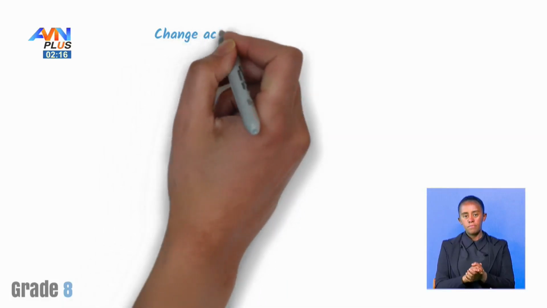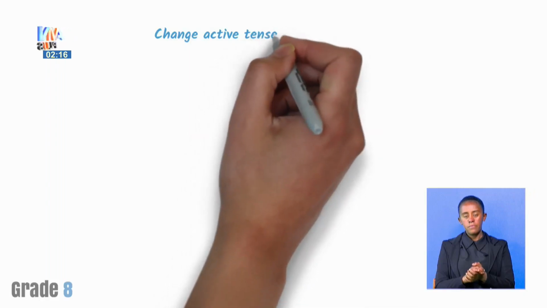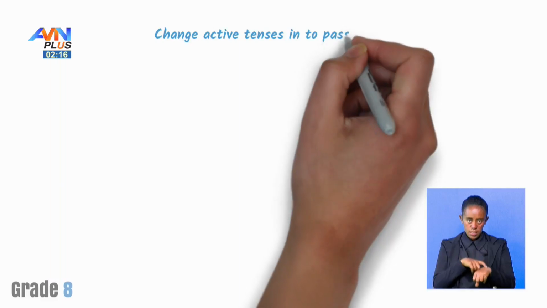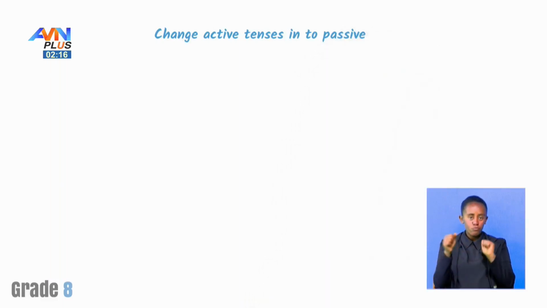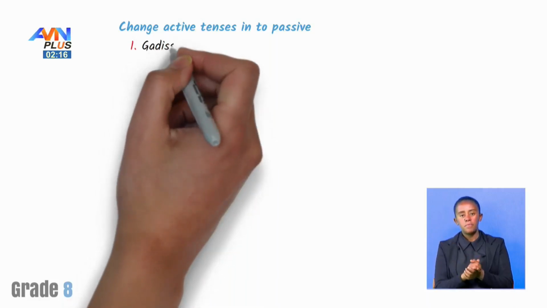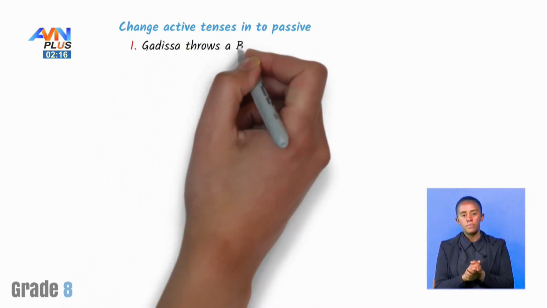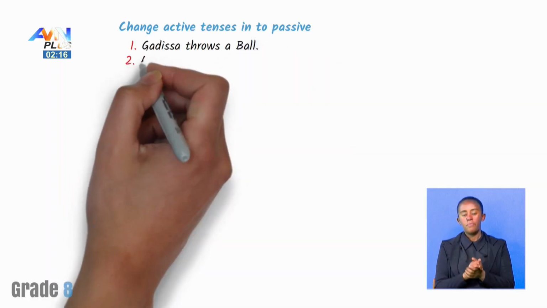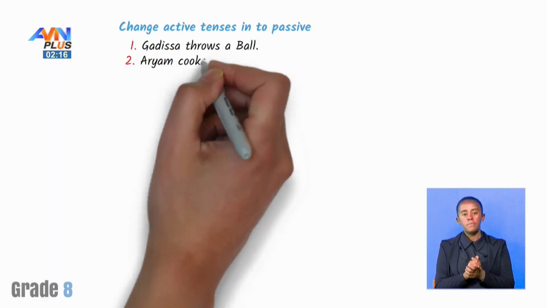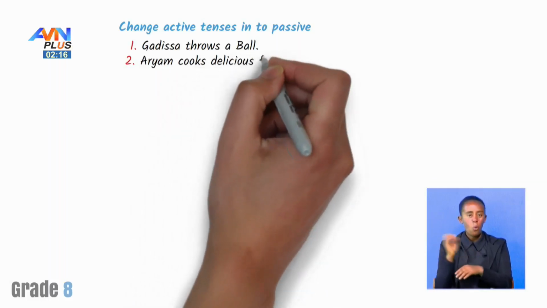Change active tenses into passive. Khadija throws a ball. Aryam cooks delicious food.